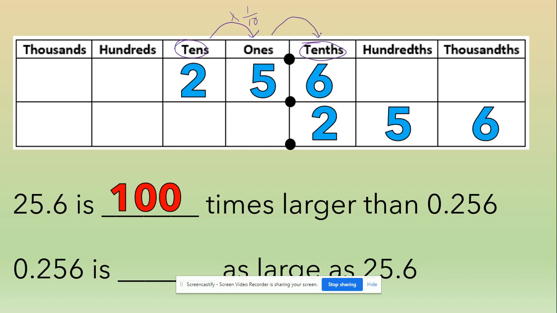And now we're going to go a second place value to the right, multiplying by 1/10 again. We're going to multiply 1/10 by 1/10, which you know is 1/100. So the 2 in the hundredths place is 1/100 of the value of the 2 in the tens place, which means 0 and 256 thousandths is 1/100 as large as 25 and 6/10.